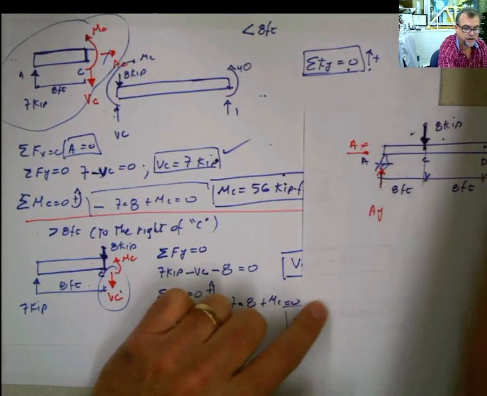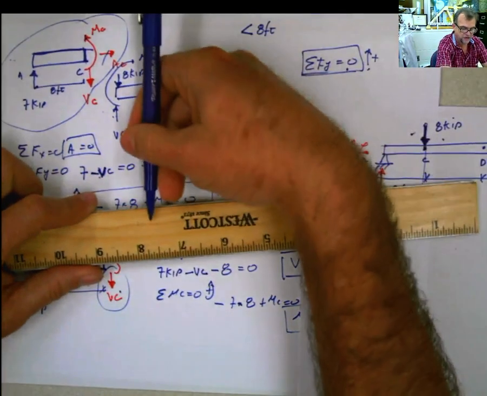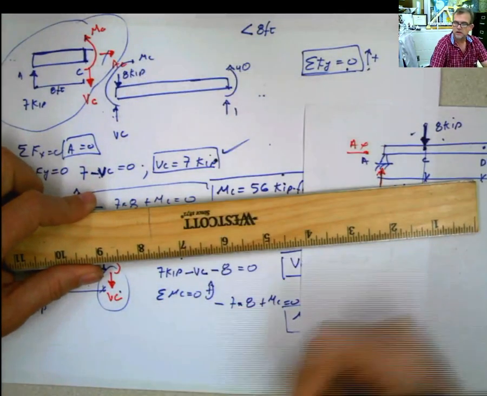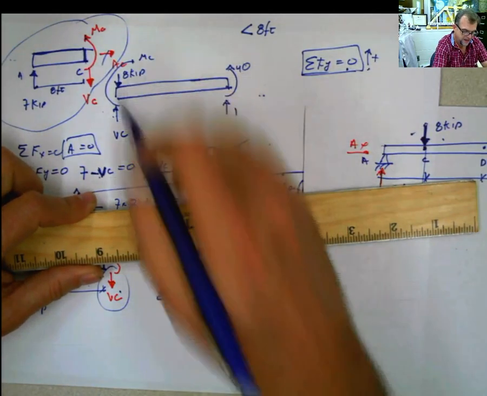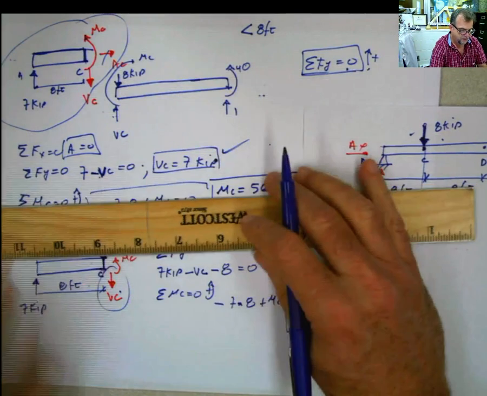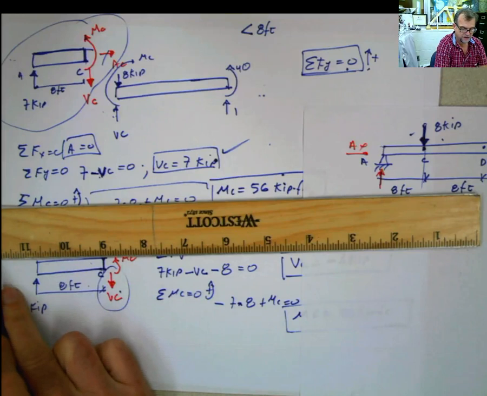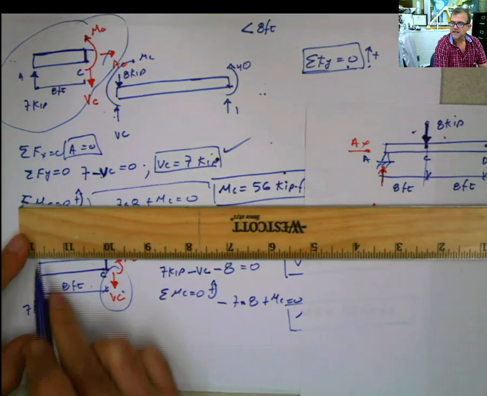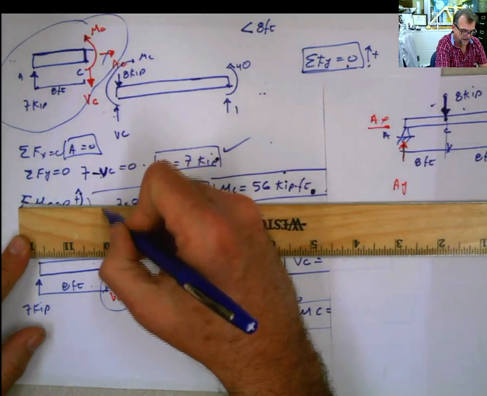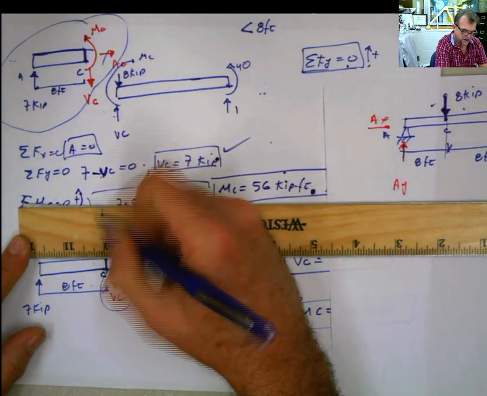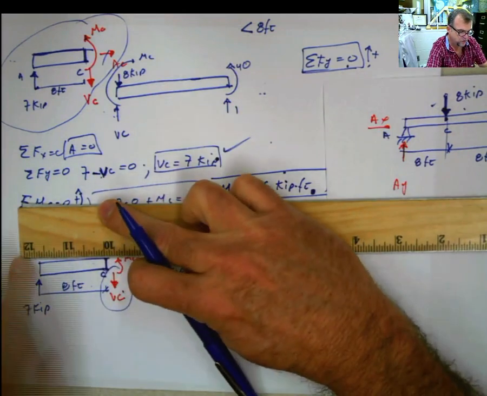Now, if you think, this is your beam, and you have a force here, that force is trying to cut this beam with a magnitude of 8 kip. Now remember what I have here. My reaction here was 7 kip at this end, and then suddenly I find that force of 8 kip acting here. Just before that force acted, my internal force has to be equal to this 7 kip.